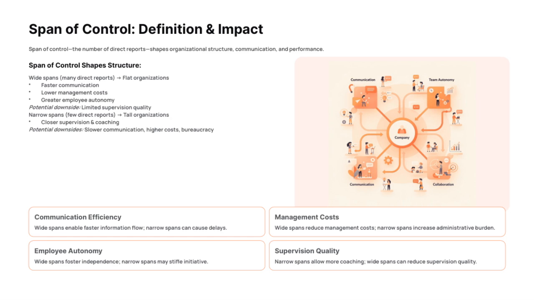Narrow spans, however, create taller organizations with many hierarchical layers. This allows for closer supervision and coaching, but it can also mean slower communication, higher costs, and more bureaucracy. In summary, the span of control, the number of direct reports, really shapes how an organization is structured, how communication flows, and ultimately, how well it performs.